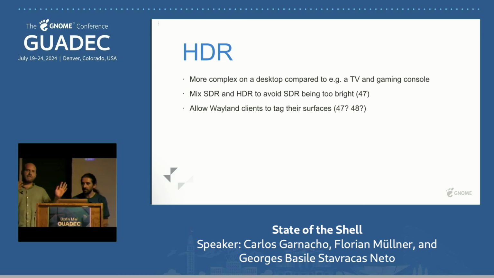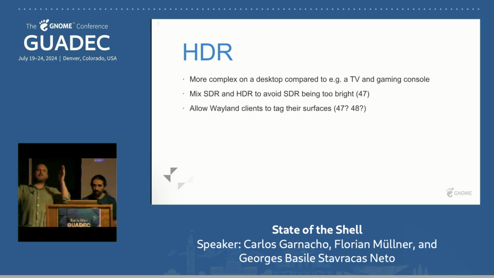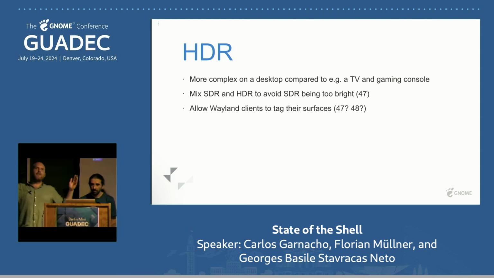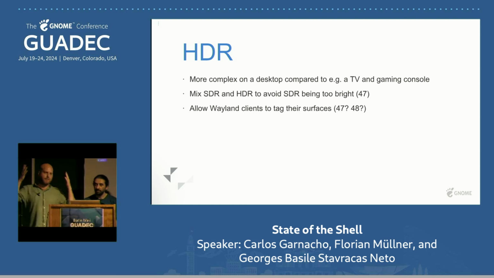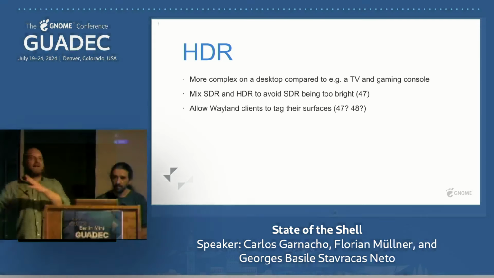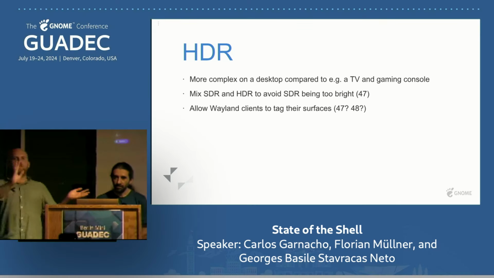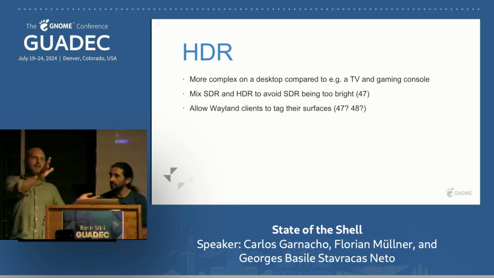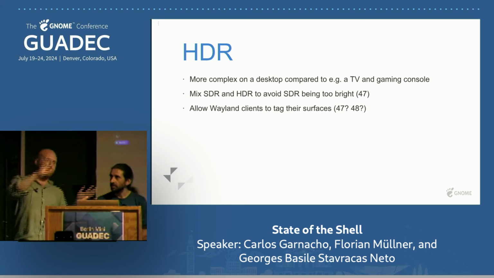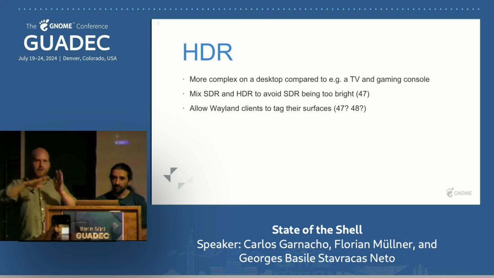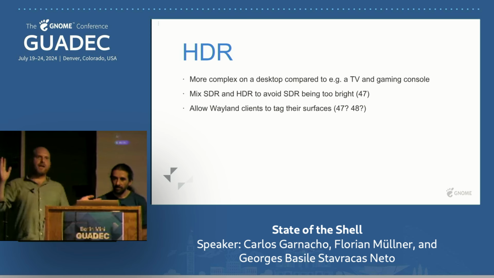You might have an HDR video with a super bright white, so white that if you made your whole screen that way, your eyes would hurt. And next to it, you have an SDR client, which is also white, but of course much less white. And this is all something that the compositor has to get right.